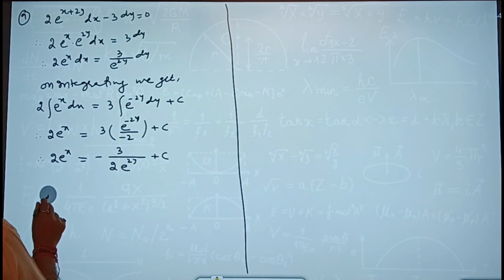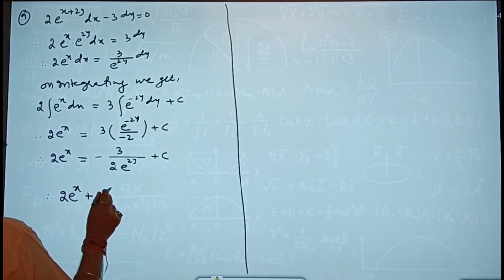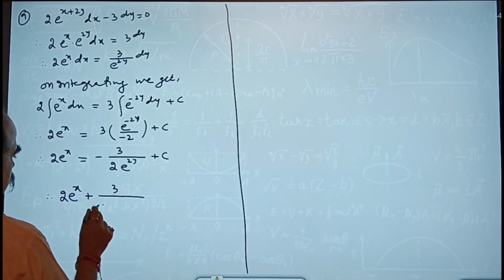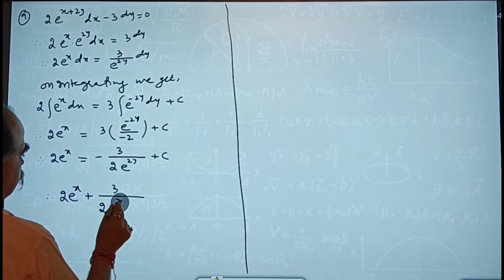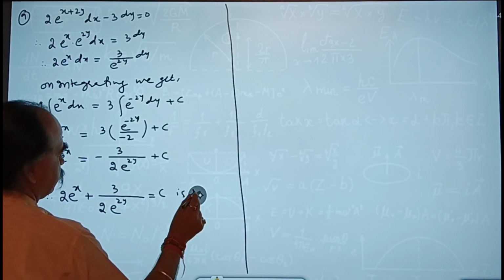Bring this term on this side, so 2 e raised to x plus 3 upon 2 e raised to 2y is equal to c, which is required.